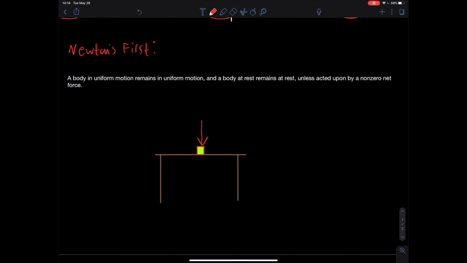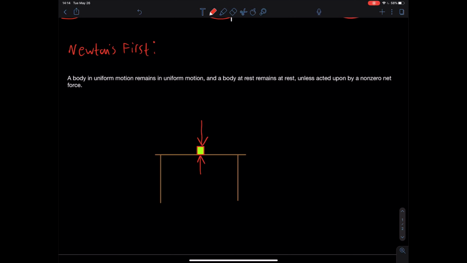And you say, okay, well, I applied a force and it didn't change its motion at all, so what's the deal? And the problem is the net force on the object is still 0. When you applied a force, the table itself is applying a force as well.